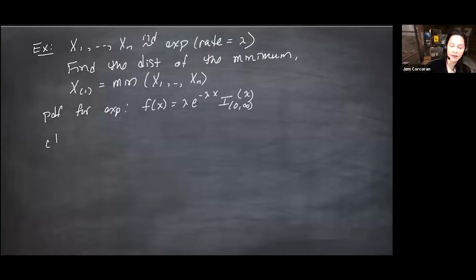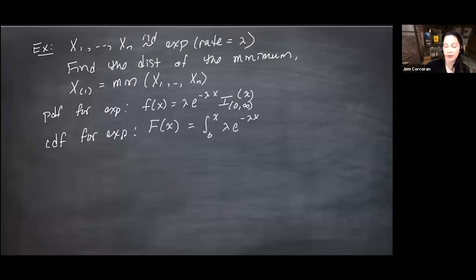And the CDF, the cumulative distribution function for the exponential, not the minimum, but the original distribution, we use a capital F. It is the integral from 0 to x of lambda e to the minus lambda u du.